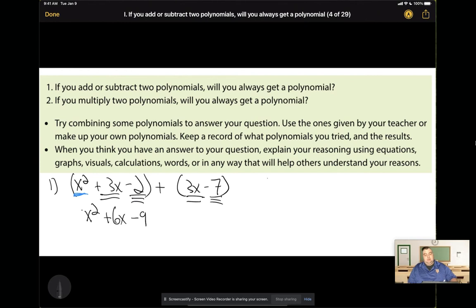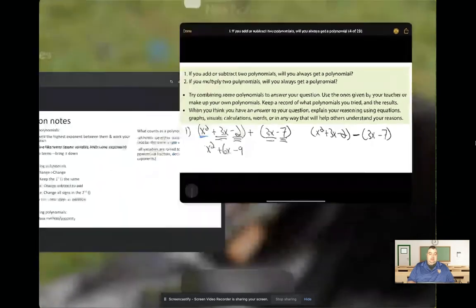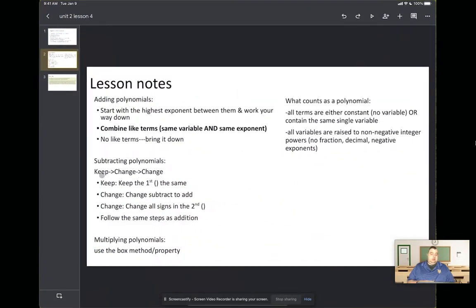Okay. Now, let's take these same two polynomials and subtract them. So x squared plus 3x minus 2 minus 3x minus 7. Okay. So back in the lesson notes, it says we're going to use keep, change, change.